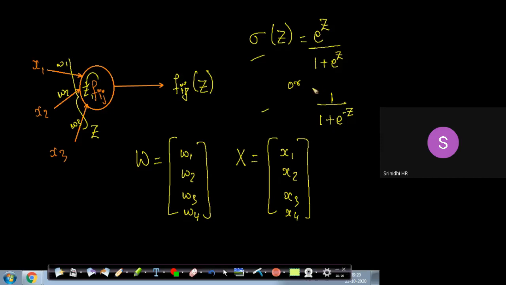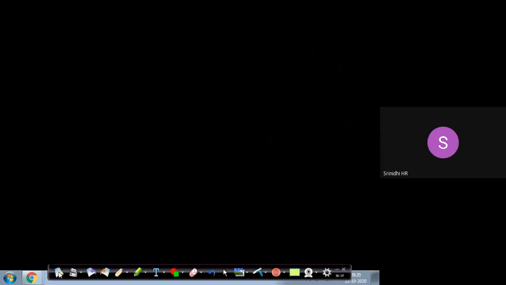So how does this happen? Sigmoid of Z is equal to 1 divided by 1 plus e power minus Z. Please remember this formula, it's very important.